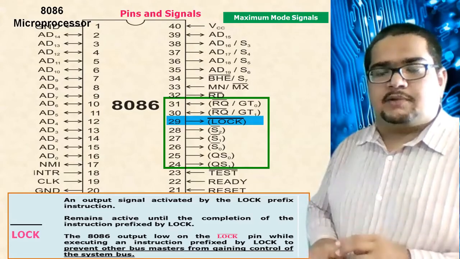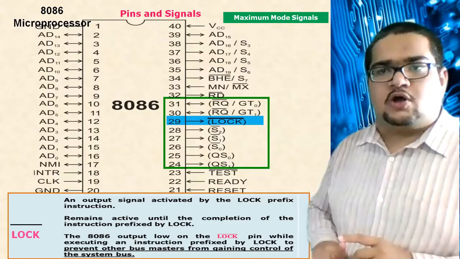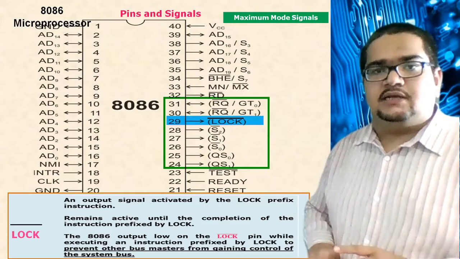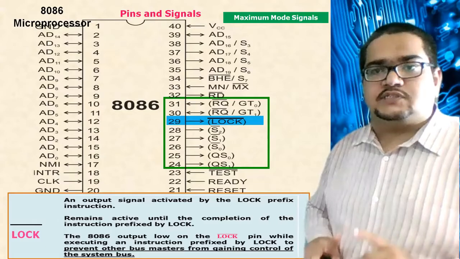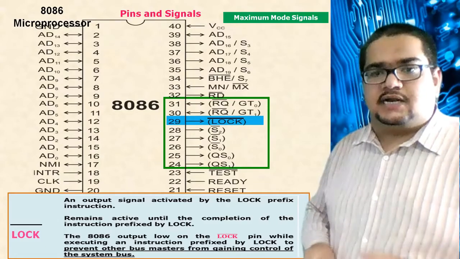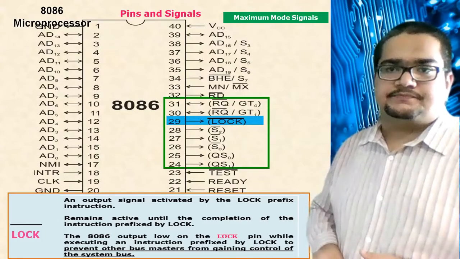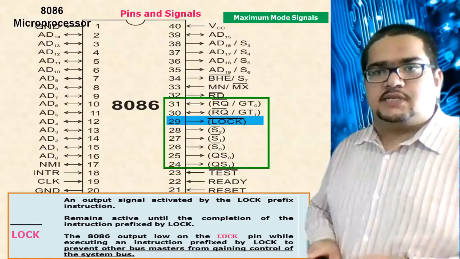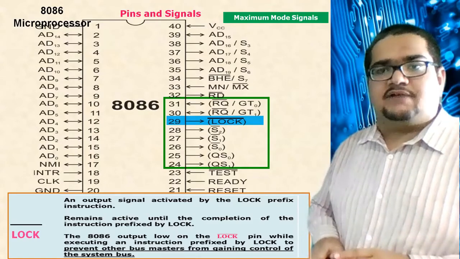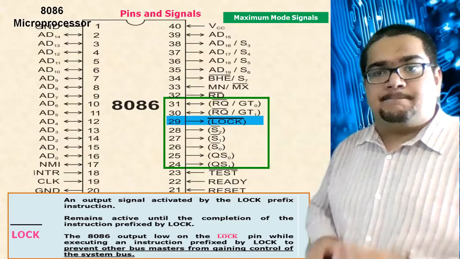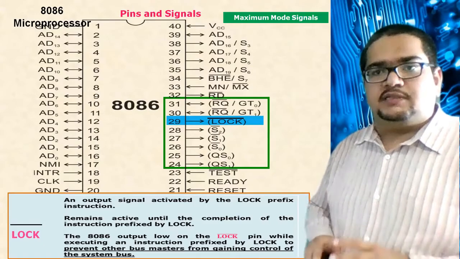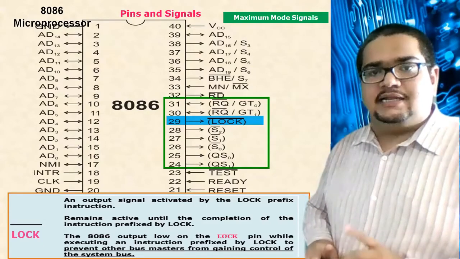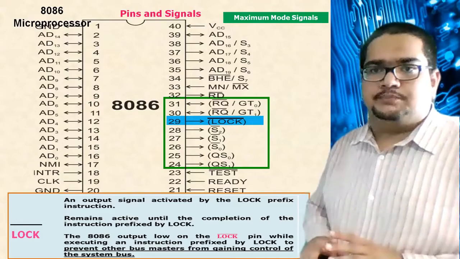So for one complete instruction given with the prefix LOCK, while it is being executed, the access of the system buses will be restricted to this processor only. No other processor or the bus master can take away the access of the system bus the moment when the particular processor has indicated this pin number 29 as low.